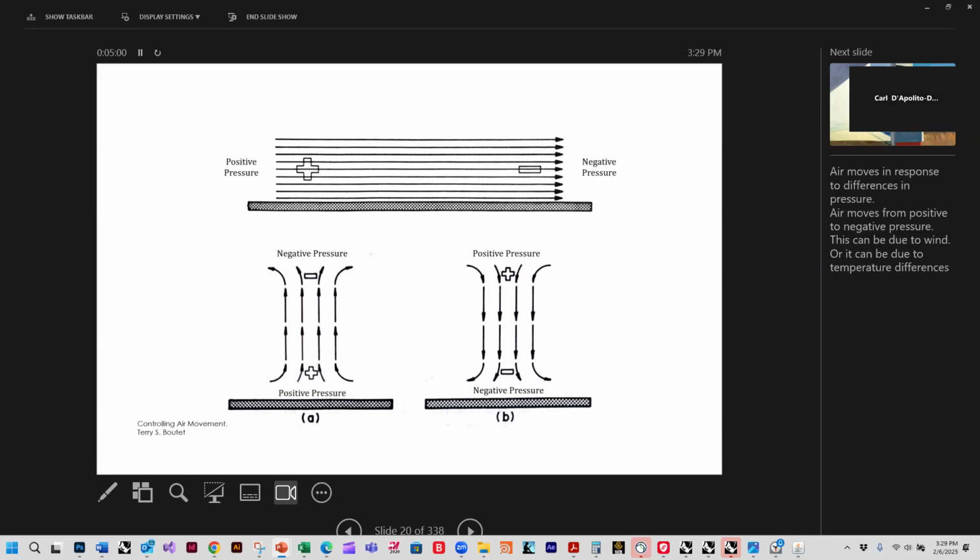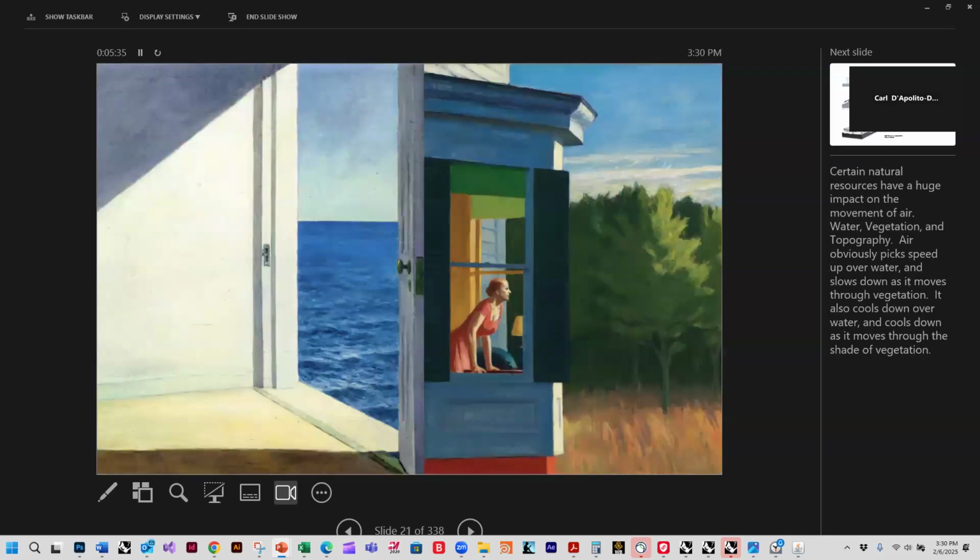And buoyancy really is just hot air is less dense than cold air, and so it has less pressure, and the air moves from the positive to the negative pressure following the temperature gradients, because a particular area is colder than another area.